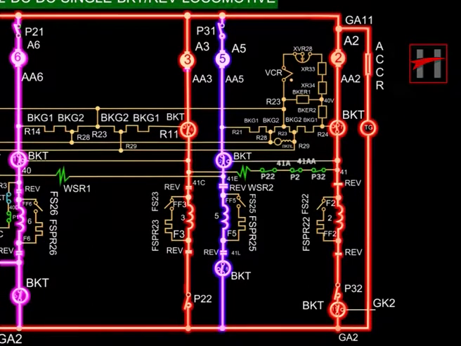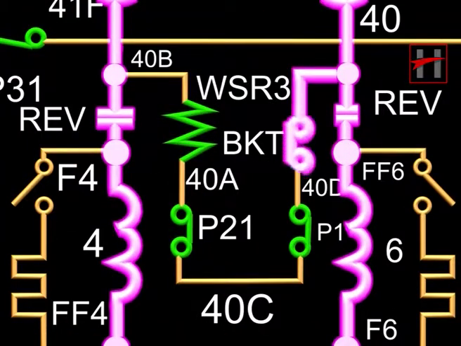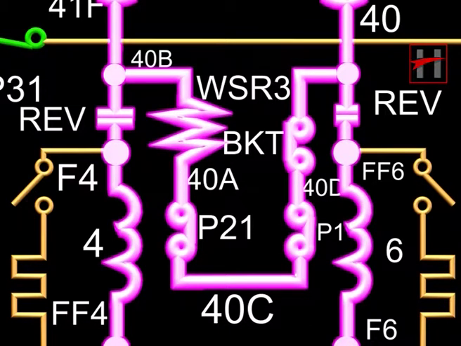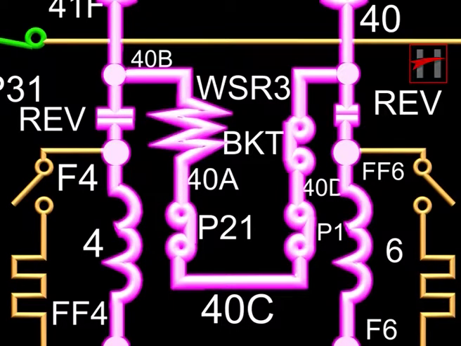The current flows through reverser contact and BKT contact 5 in motoring mode and completes its path via GA2. The wheel slip protection is provided by WSR3, which is connected across traction motors 4 and 6 through the interlocks of parallel power contactors.